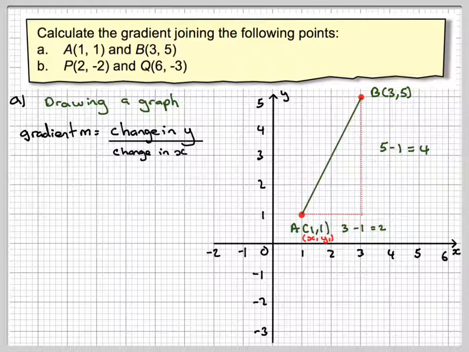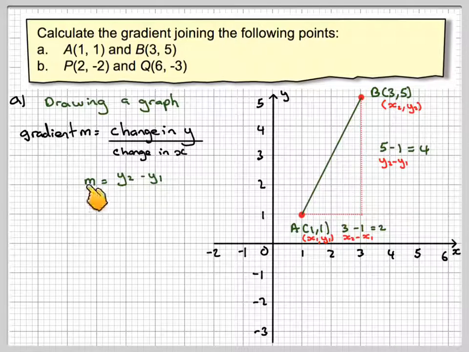So we could have labelled A as x1, y1 and B as x2, y2, where these are subscripts. Therefore we can get this one by doing y2 minus y1, and this one by doing x2 minus x1.